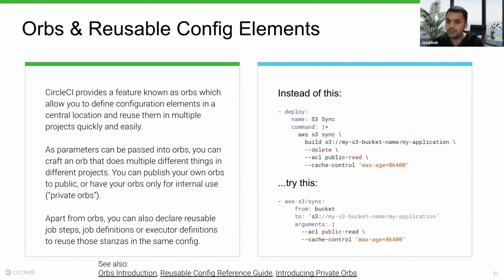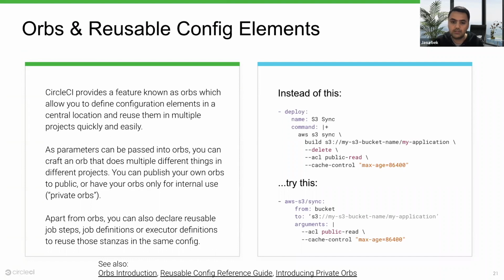Another great feature of CircleCI is orbs. Orbs are basically a reusable package of YAML configuration. You can use publicly available orbs, or you can create your own private orbs.